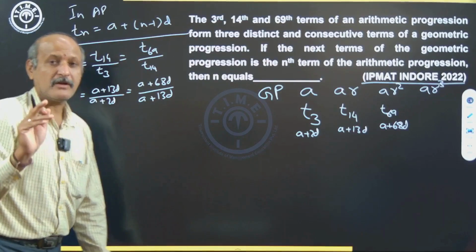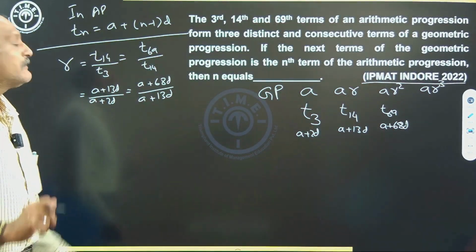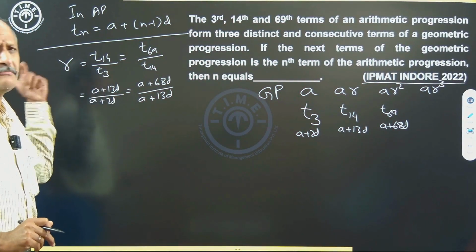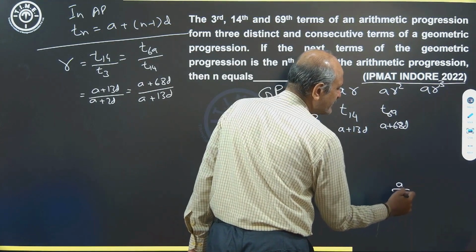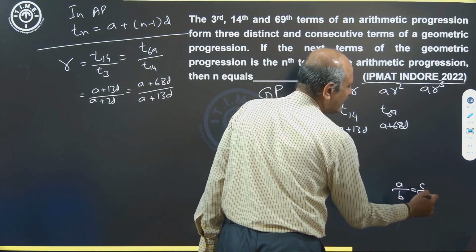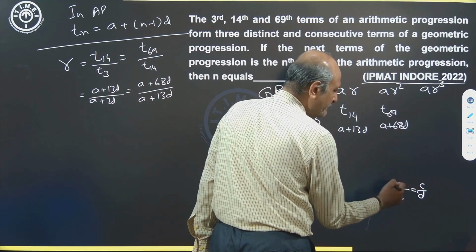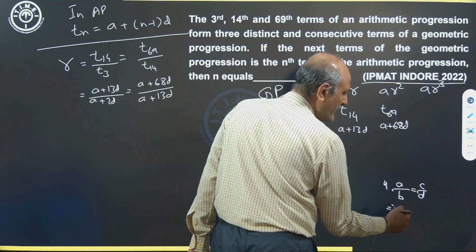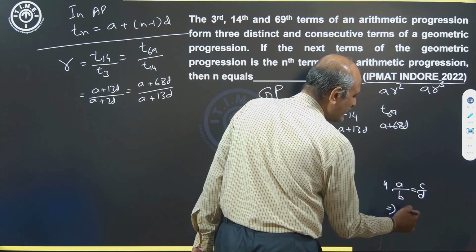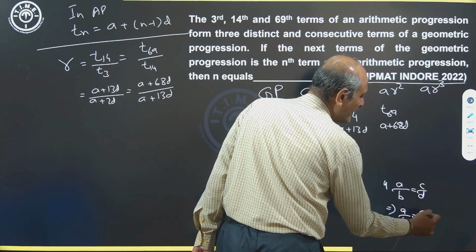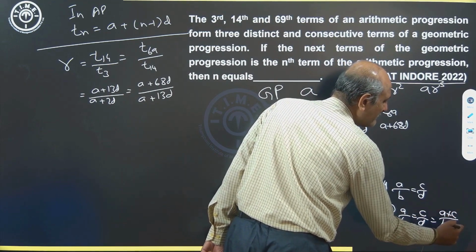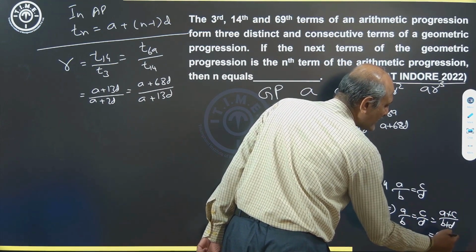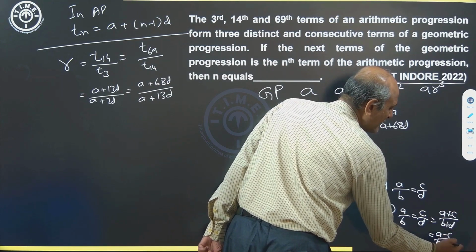Now one rule we know from algebra about fractions: if A by B is equal to C by D, then each of them is equal to (A plus C) divided by (B plus D), or also (A minus C) divided by (B minus D).